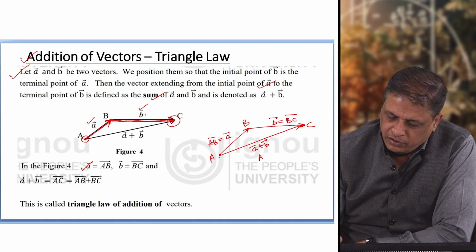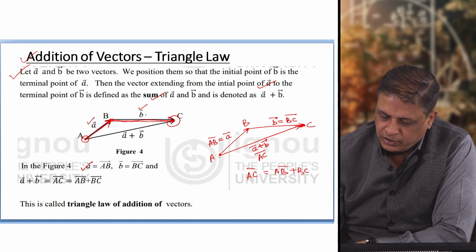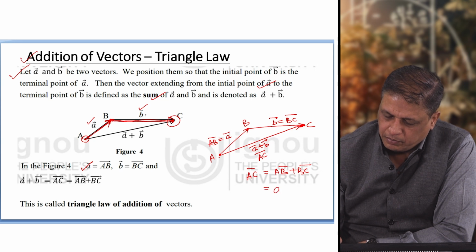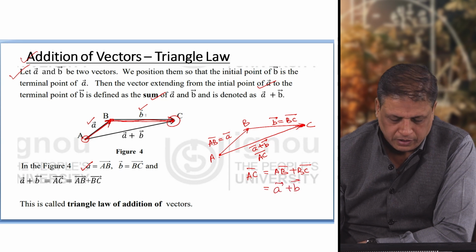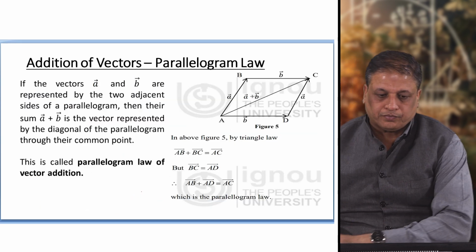Then vector AC will be equal to vector AB plus vector BC. I hope you understand that vector AC is nothing but vector A plus vector B, and this is the triangle law of addition of vectors.